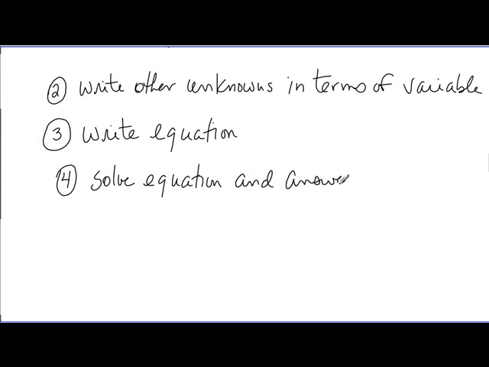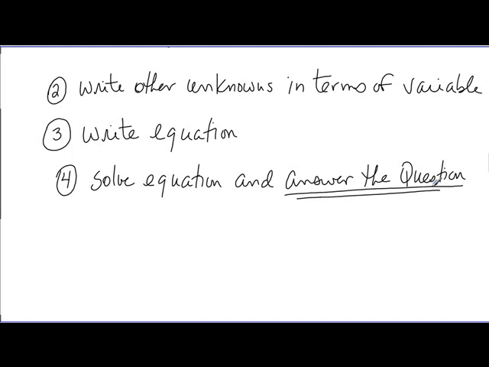Answer the question. If you have solved the equation and you got W equals 10, you need to say what that means. If you have determined that W is the width of some rectangle, then you tell me the rectangle's width is 10.